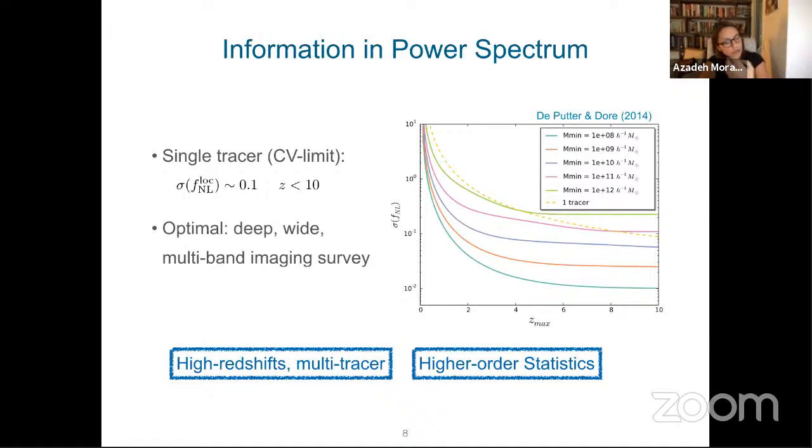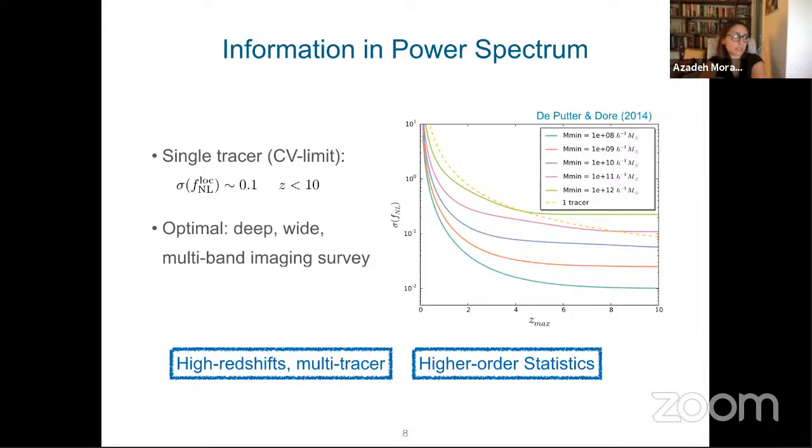So the conclusion I wanted to draw from this plot was that in order to improve the constraints on FNL beyond what you can achieve with a single tracer at lower redshift, you either go to higher redshifts, combining that with multiple tracers, or you can look at higher order statistics.